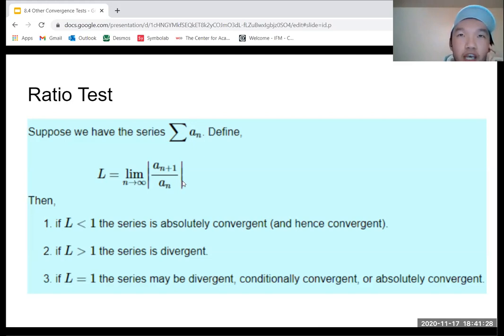That's basically saying take the ratio of the next term over the current term, okay? So if you take the ratio of the next term to the current term, and you take the absolute value, and you take the limit, what you'll get will determine whether or not we have convergent or divergent. So yeah, just take a moment to jot that down and we'll see how it works.